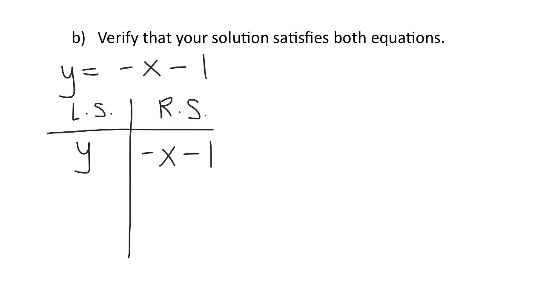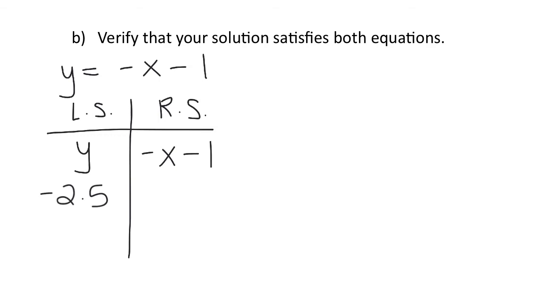Now, in terms of what I'm going to substitute in the places of the letters y and x, I'm going to go to my point of intersection and pick out my x and y values. Now remember, our point of intersection was 1.5 and negative 2.5. So my y value was negative 2.5. So I'm going to fill that in here. And my x value is 1.5.